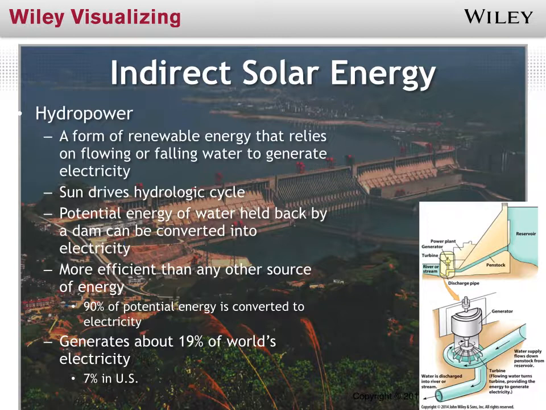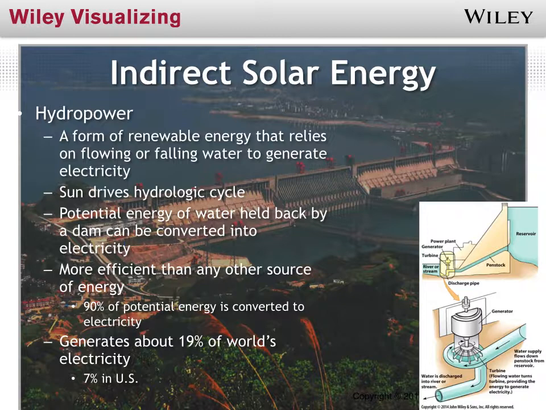It requires, obviously, some substantial alteration to the environment because of the need to build a dam. It is pretty efficient, though, more than many other sources of energy. About 90% of the potential energy is actually converted to electricity. So that's a pretty high efficiency rate.